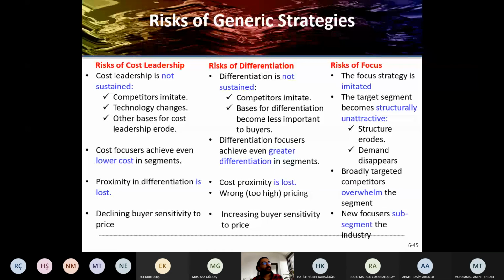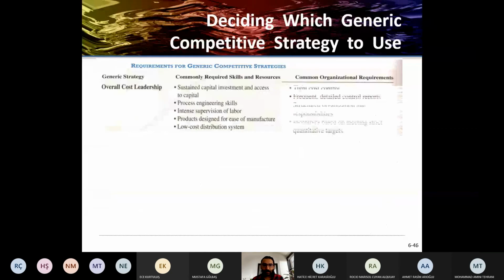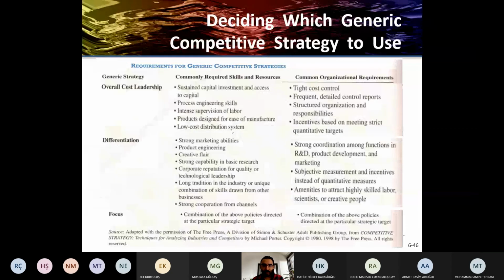In some cases, the buyers like your product and want to pay more, but over time they can lose that loyalty. And imitation is a risk. As for focus, again, new segments could occur. Your segment could shrink, and your focus strategy could be imitated. Okay, these are the things.